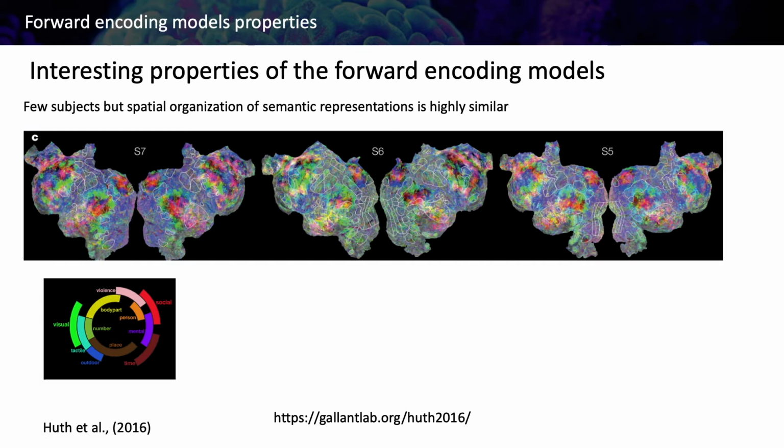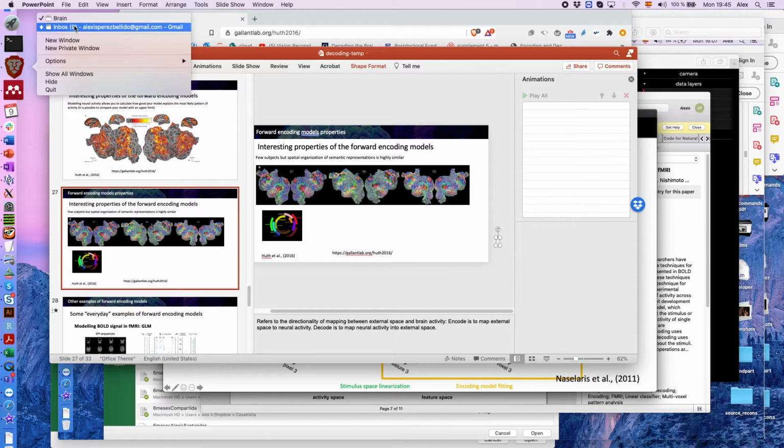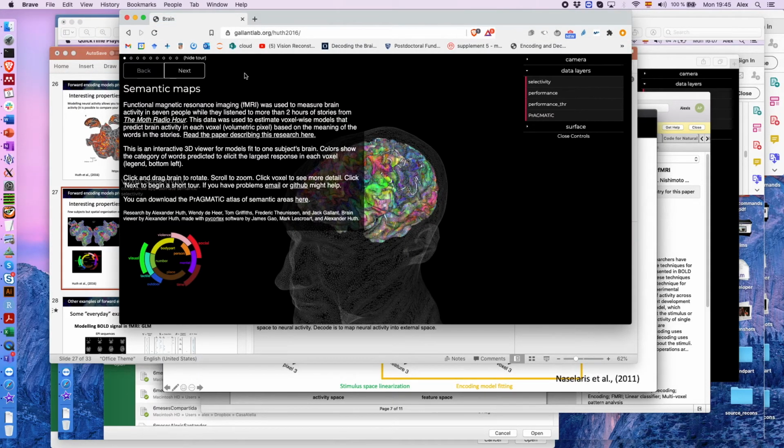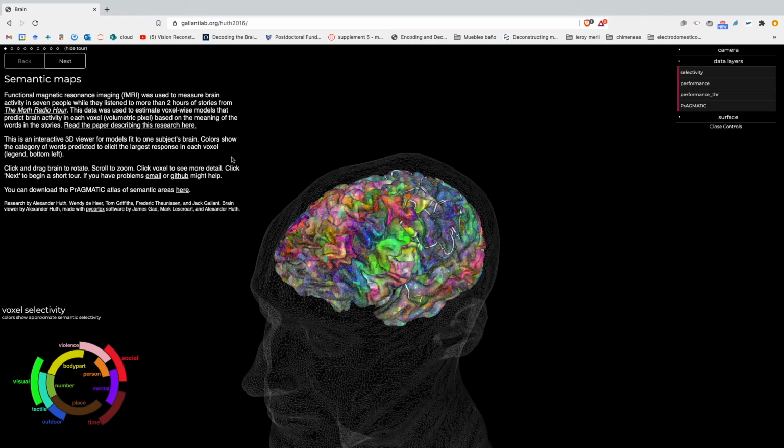If you are interested in exploring the organization of these semantic maps a little more by yourself, I recommend you click on this link here, and you will see something like this, which is the atlas. It's an interactive version of the atlas generated in the paper.